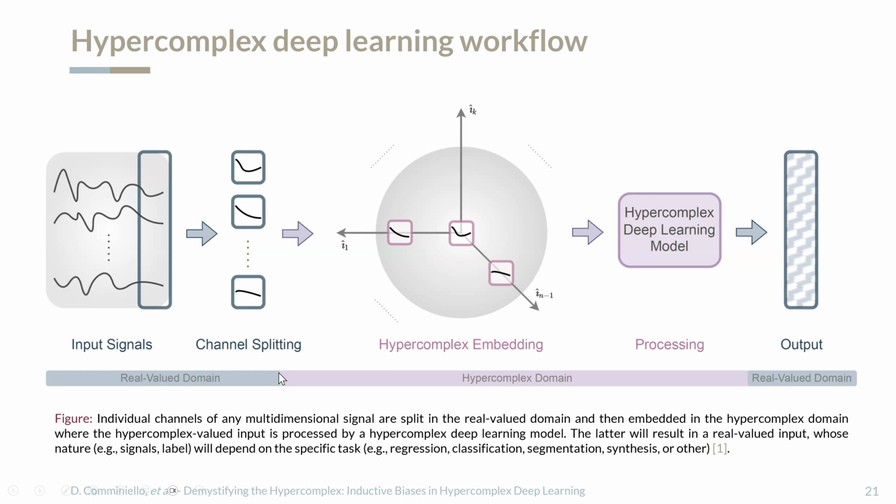Then we can move to the hypercomplex domain. So actually, we may represent these signals in the hypercomplex domain. We can have a compact representation, or we can represent the signals as they are, but using a hypercomplex algebra, embedding and casting the channels into a hypercomplex signal.